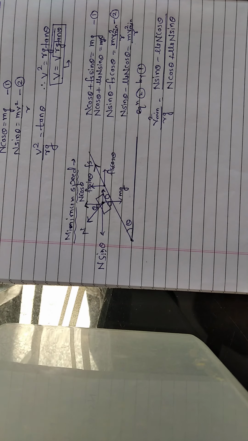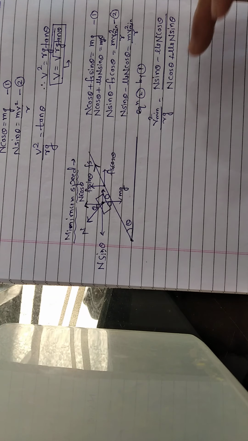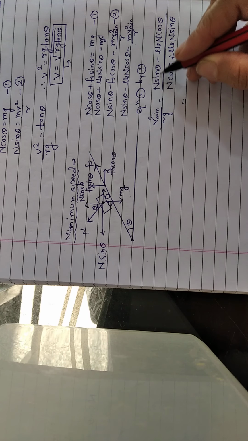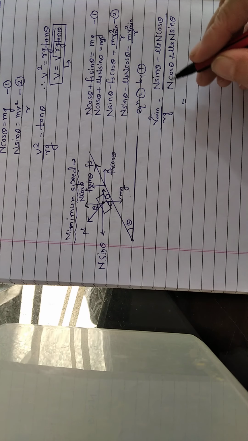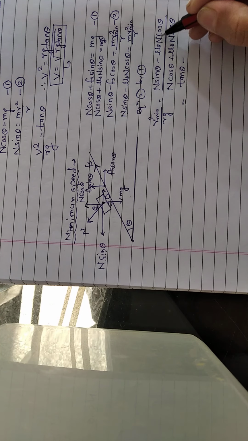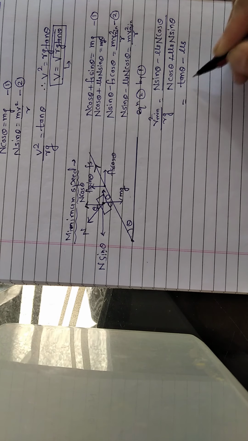Now in this case each term of this side we have to divide by N cos theta. So we get N sin theta divided by N cos theta; N will get cancelled, sin theta upon cos theta will be tan theta. Minus mu s N cos theta divided by N cos theta, so only mu s will remain.